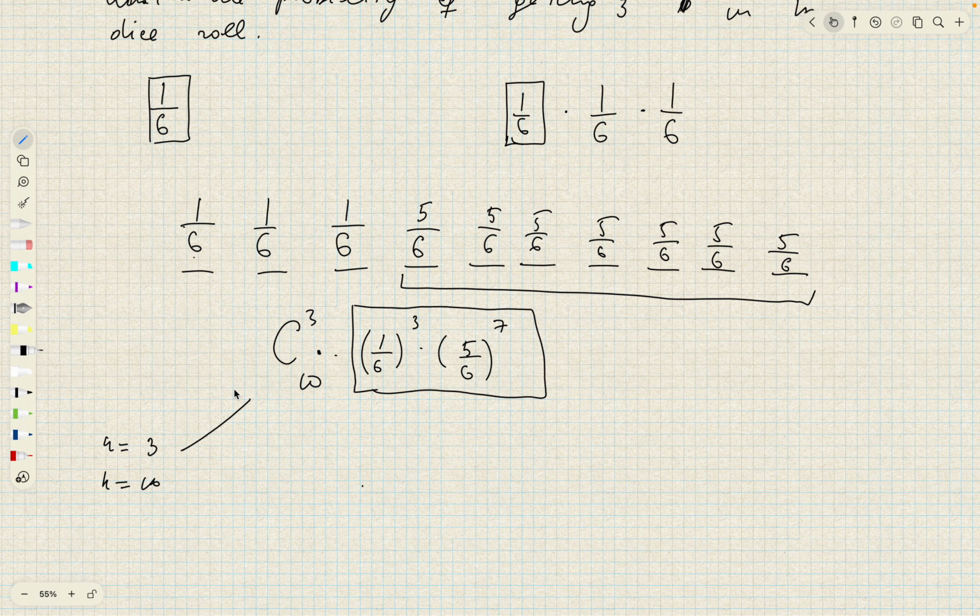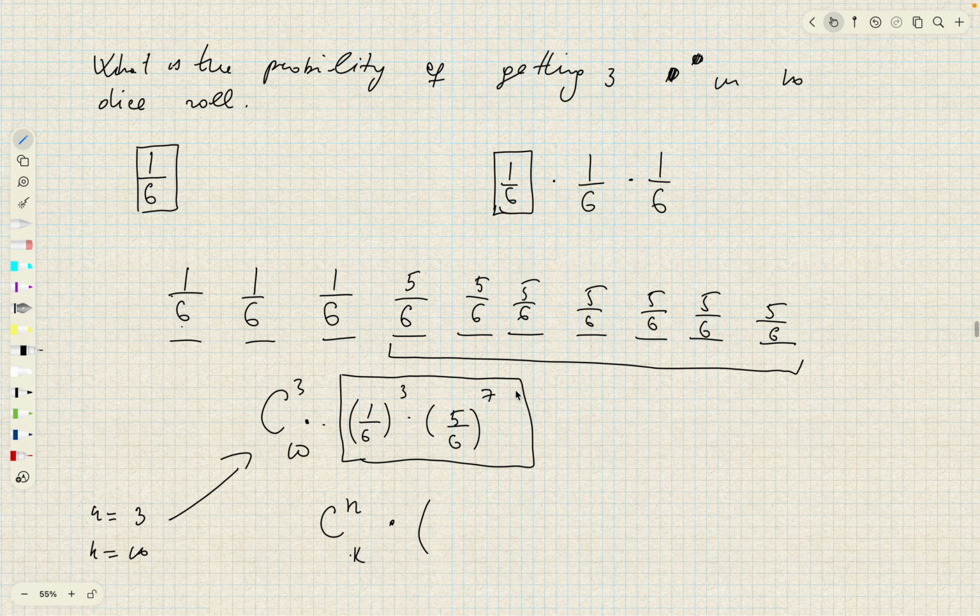So as you can see, we can just simply write it as C. It's just C, a combinatoric, C10, CK, the number of possible ways of choosing n out of k, multiplied by the probability of getting that event in one trial.